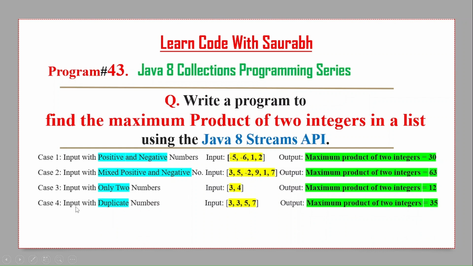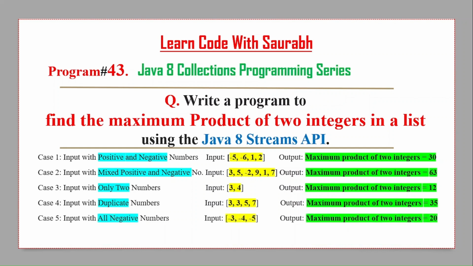In this case the list has duplicate numbers, but the maximum value is 7 and the second maximum value is 5, so we get 5 times 7, which is 35. But we need to make sure the list is unique, so we will identify if there are duplicates and make the list distinct. In case number 5, we take all negative input.